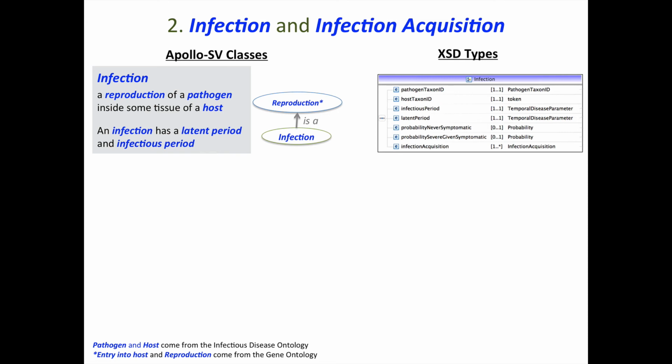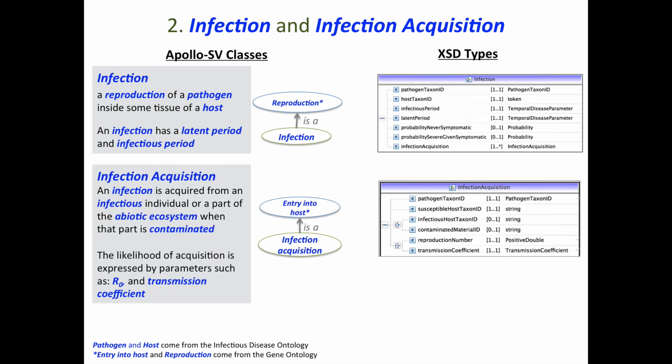Apollo SV defines an infection as reproduction of a pathogen inside some tissue of a host. An infection has a latent period and an infectious period. The corresponding XSD type follows the Apollo SV definition closely, except it currently has information about symptoms, which we plan to move into a disease type in version 1.4.